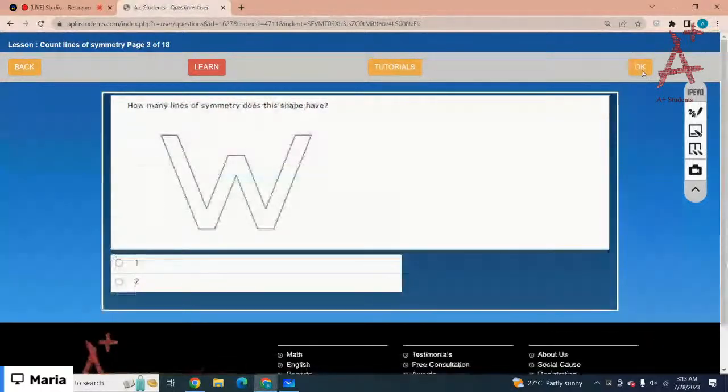Okay, how many lines of symmetry does the shape have? Which is the correct option? The correct option is only one line of symmetry, right?